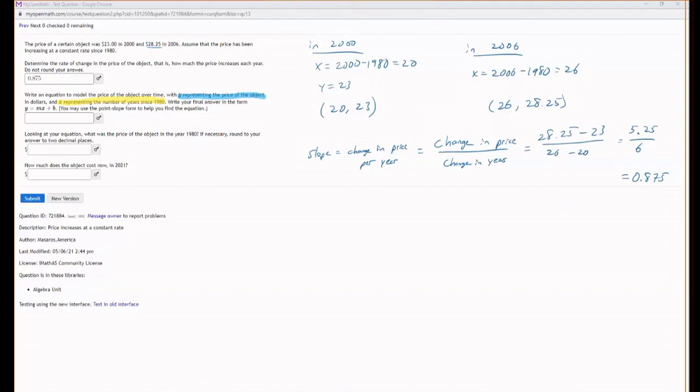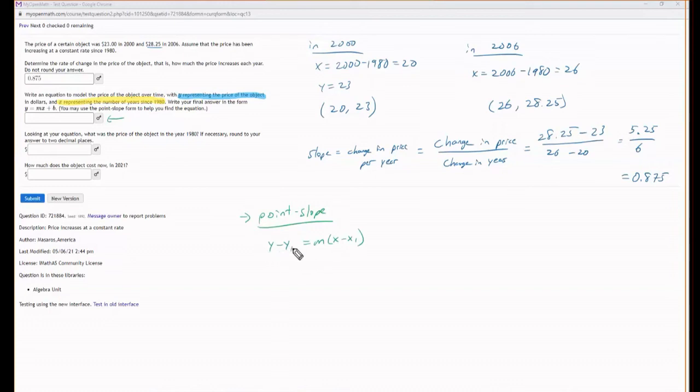Okay, good. So now what we're going to do to get the equation is we're going to use our point slope formula. This is something that I wouldn't bother memorizing at this point if you don't have it memorized. You just refer back to it, right? Have this maybe on a summary list of your notes or have it highlighted in your notes.